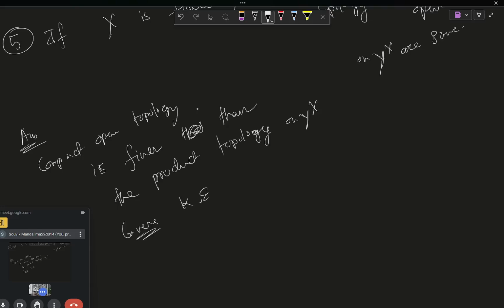let K subset of X be compact. Now since X is finite, this implies what?